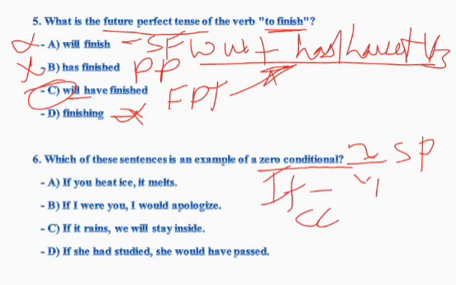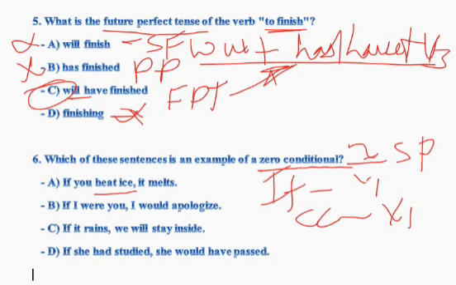So let us try to see what is here. If you heat ice, always, what you would get, the result is that it melts. That is the usual thing that happens again and again.